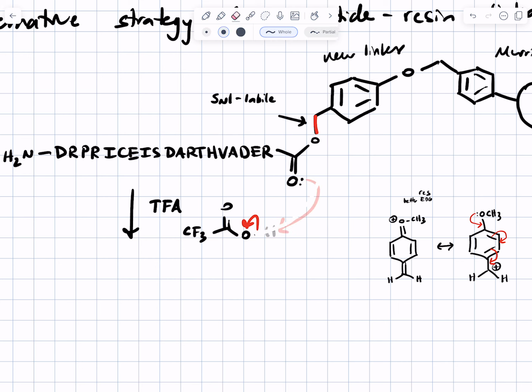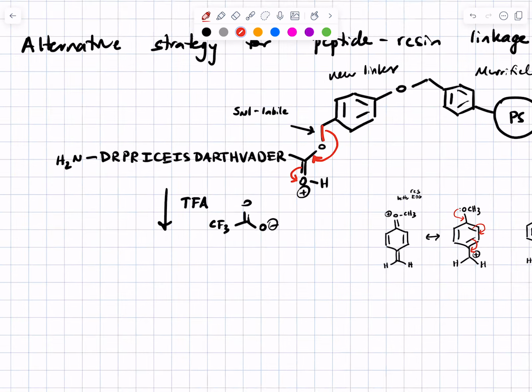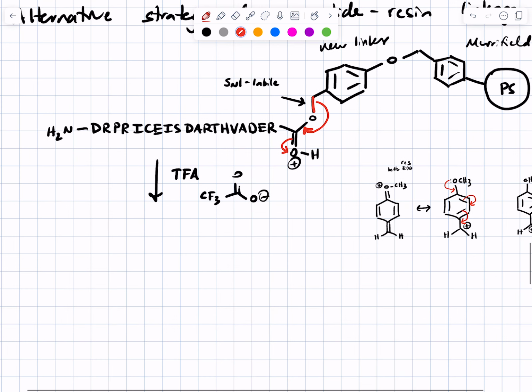I'm now gonna, rather than redraw everything, erase the arrows and show you what you would have after the protonation step. Now it's perfectly fine for these electrons to just leave with this oxygen, kick down to form a pi bond, and then break the pi bond to make the carboxylic acid. When that happens, we've got our Darth Vader peptide now.